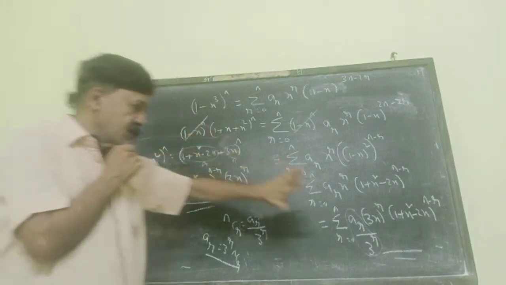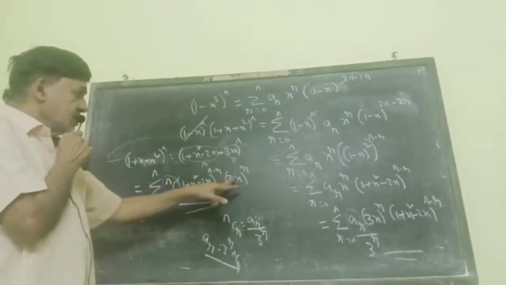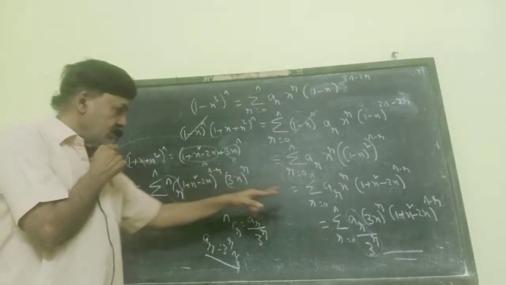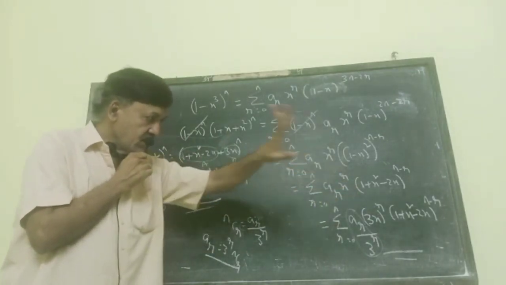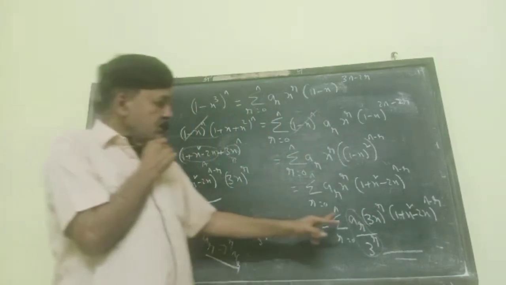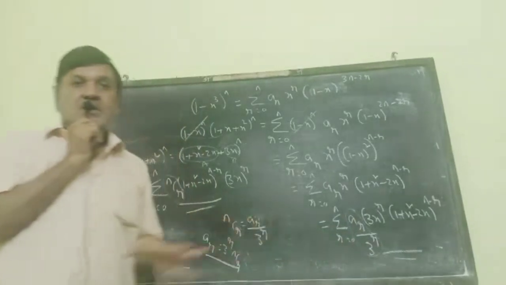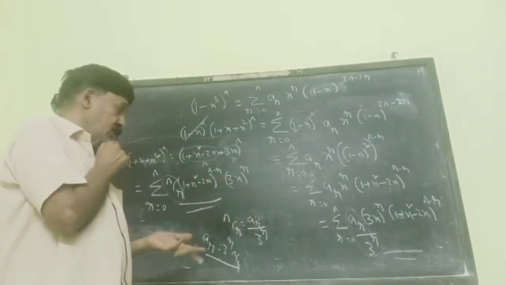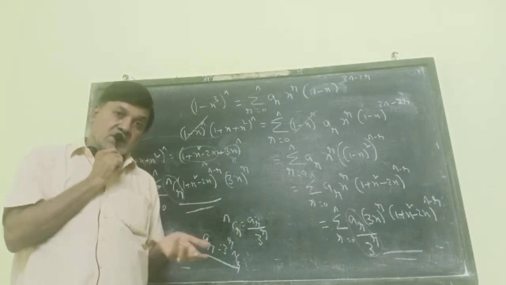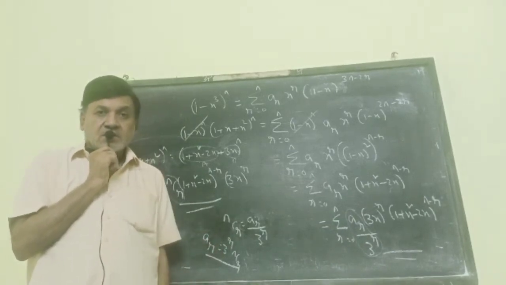Now observe this. 3x whole power r, 3x whole power r. 1 plus x square minus 2x whole power n minus r. So nCr must be equivalent to A_r by 3 power r. So A_r is equal to nCr into 3 to the power of r. So you can think like this. So this is one of the important questions.